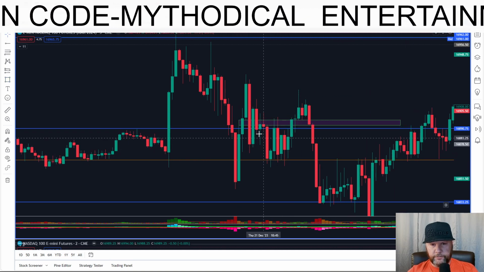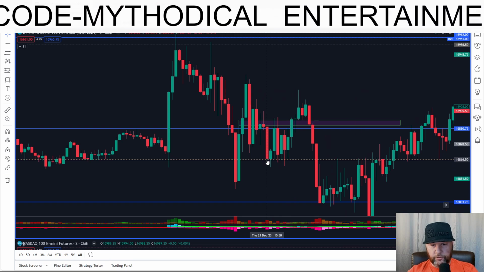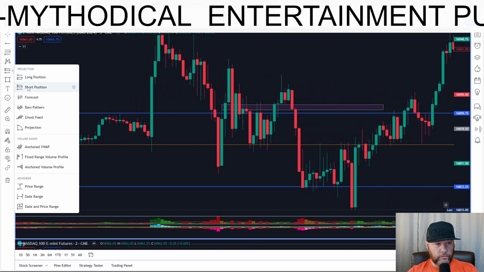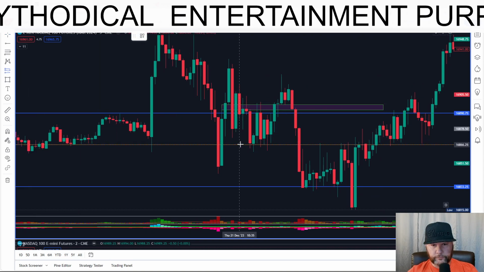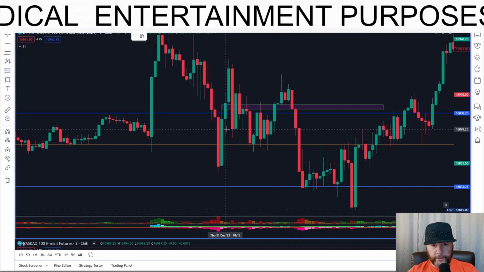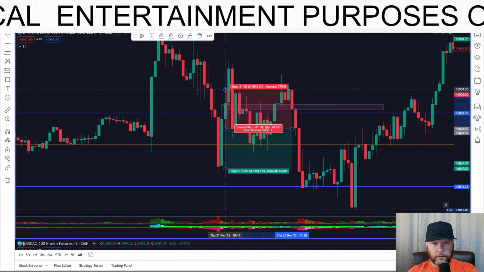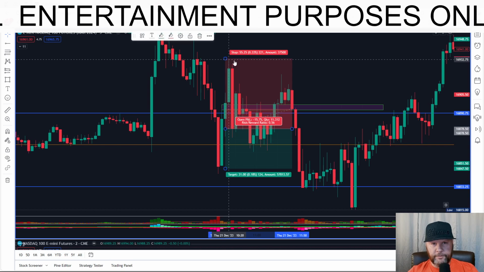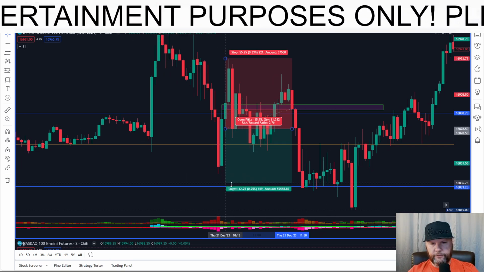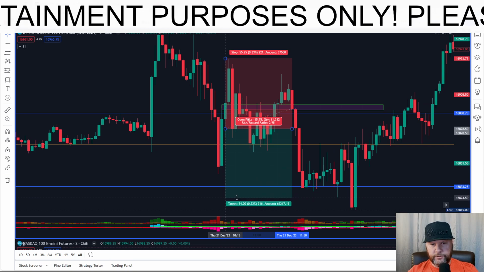And as soon as we close below it, we're going to take the short and target a 1-to-1. So let's put on our short position. Right here, this is where we close below. Stop's going to go right here at the top of the swing. So in a 1-to-1 scenario here, we're looking for 55 handles. It's going to be close.